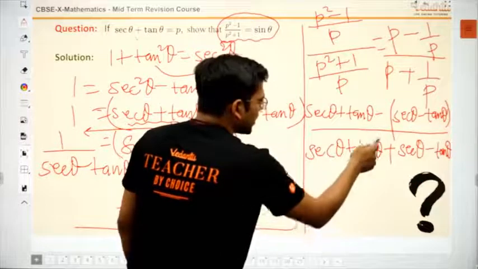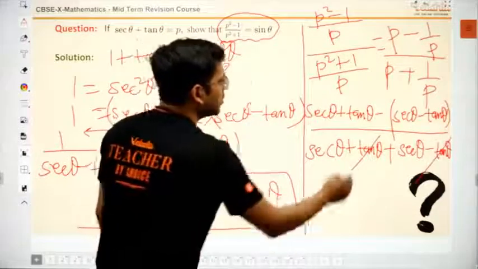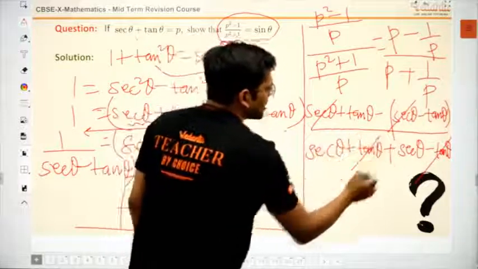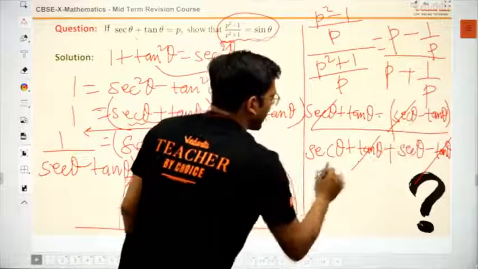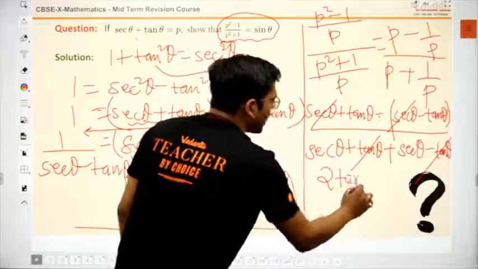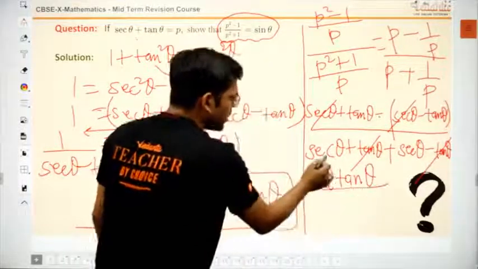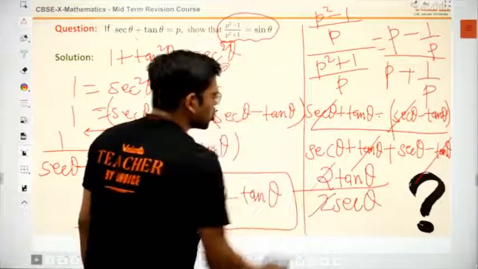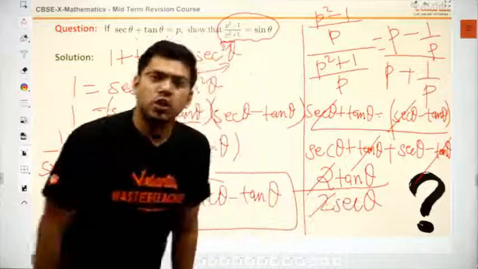So minus tan theta and plus tan theta cancelled. And again minus sec theta and plus sec theta cancelled. Minus into minus, it will be plus. Tan plus tan will become 2 tan theta, divided by sec theta plus sec theta. What will it become? It will become 2 sec theta, guys. 2 cancels. Tan theta.